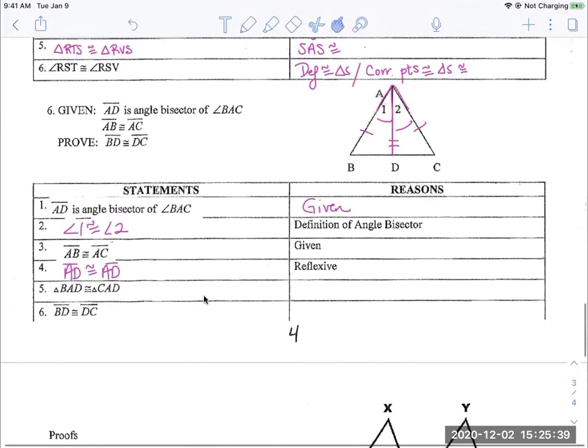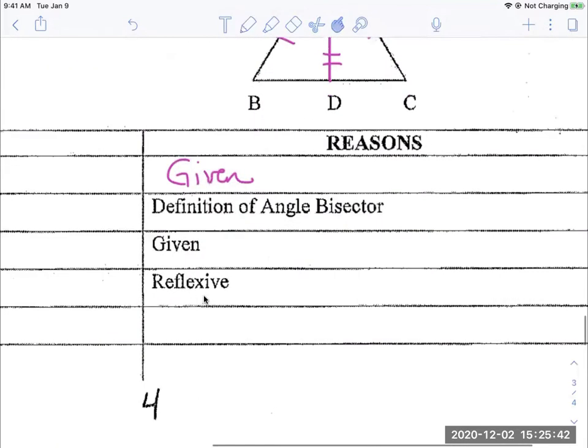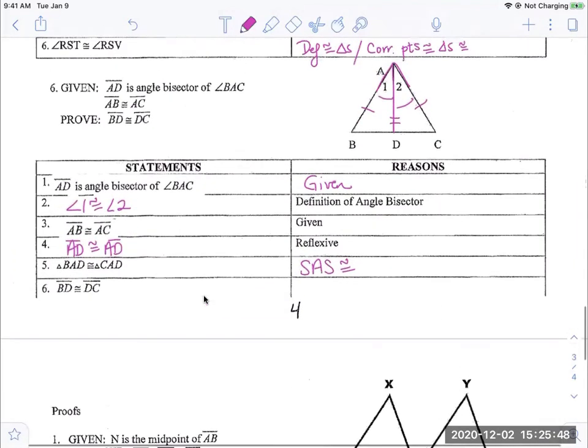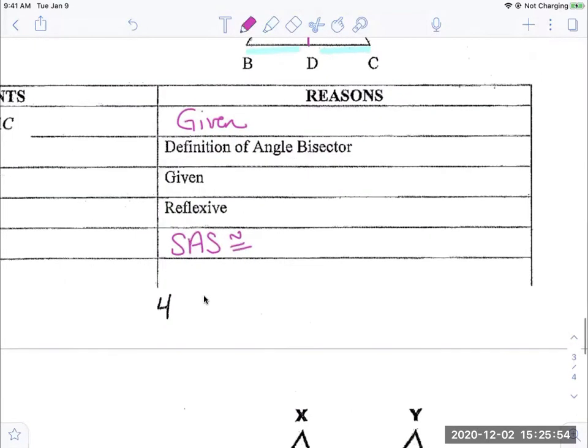Okay, then you can see the triangles are congruent by side angle side. And then lastly, the pieces are congruent because the triangles are congruent. So again, definition of congruent triangles or corresponding parts of congruent triangles are congruent.